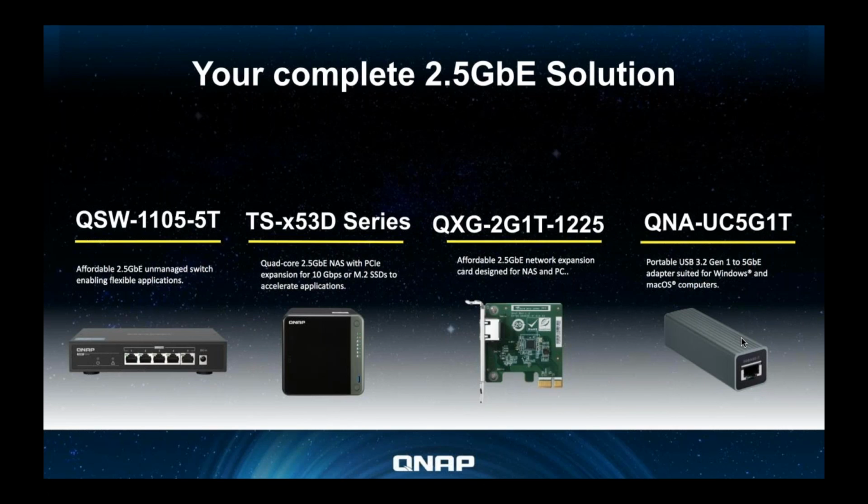If you have USB-C or maybe Thunderbolt 3 with the same form factor, you could plug in a USB-C into this, or a USB-A to USB-C, and achieve up to 5 gigabit speeds, which is also backward compatible with the 2.5 gigabit.